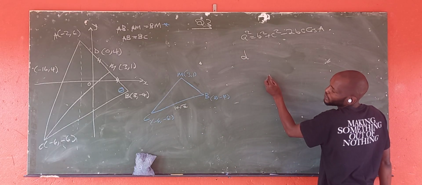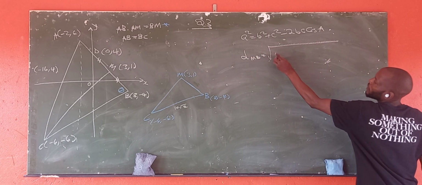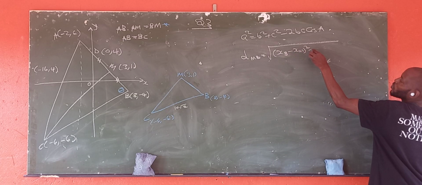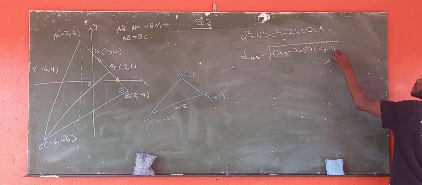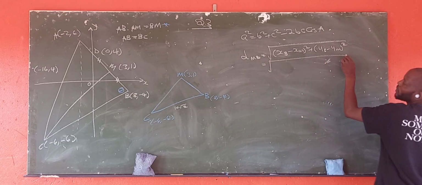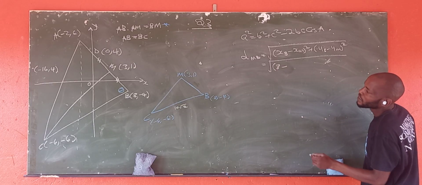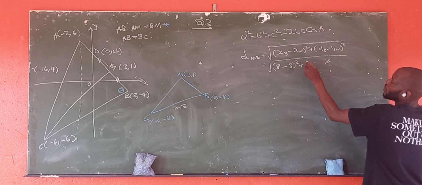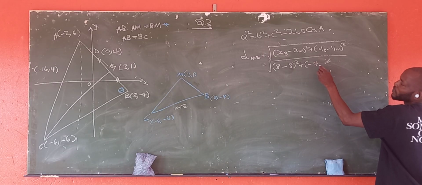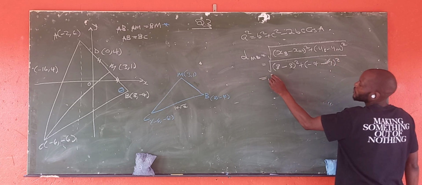So let's calculate the distance of MB. The distance of MB will be the square root of x at B minus x at M, whole squared, plus y at B minus y at M, whole squared. So x at B is 8 minus x at M, which is 3, whole squared, plus y at B, which is minus 4, minus y at M, which is 1, whole squared.